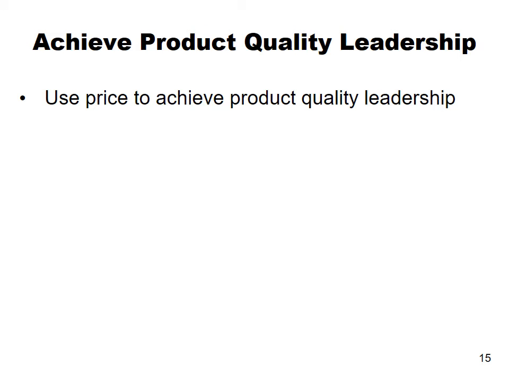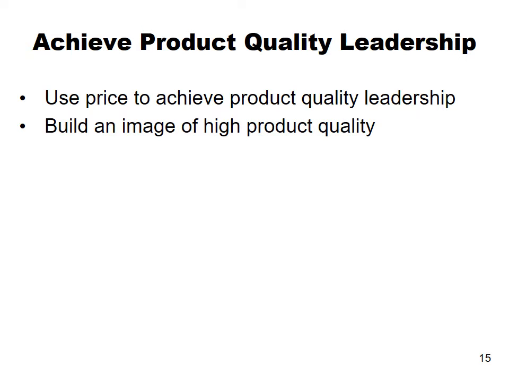Achieve product quality leadership. Here you use price to achieve product quality leadership. To build an image of high product quality, you price it, most of the time, at a high price. One good example is the Apple phone, iPhone. People always associate iPhone with a premium product and with high price.